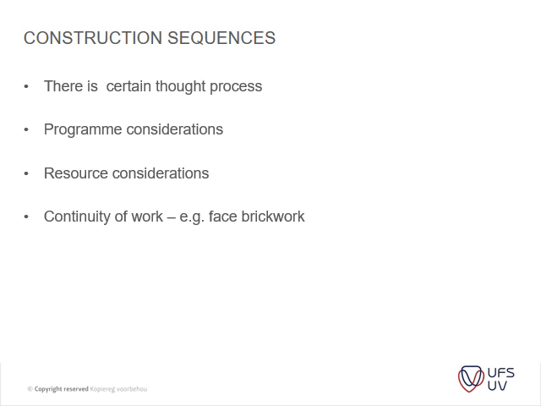I always use this example for FaceBrick. Whenever you're doing your sequencing, you have a team of FaceBrick layers. You have to use your FaceBrick layers to finish one whole facade, and then you can use another FaceBrick laying team on another facade, because each FaceBrick layer has a signature when he puts down his bricks.